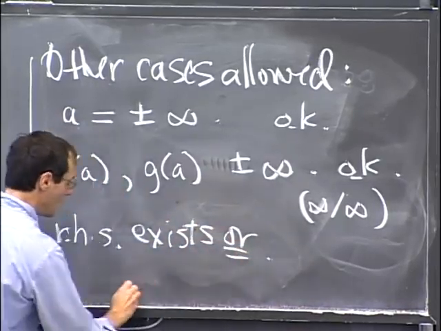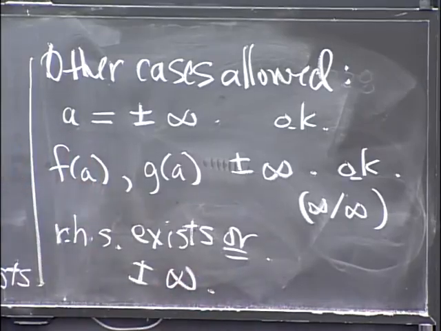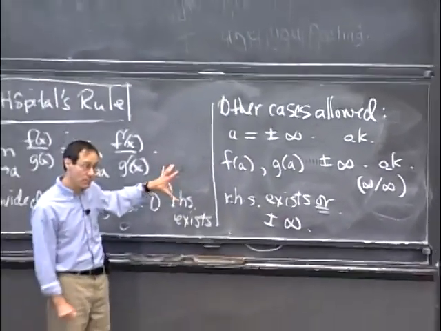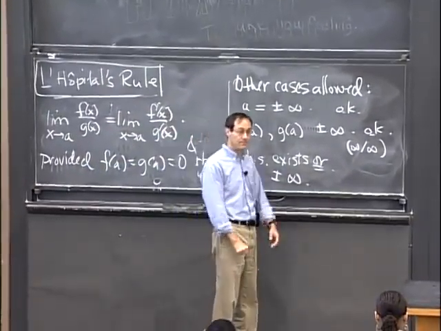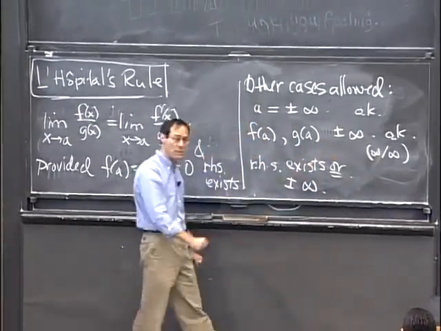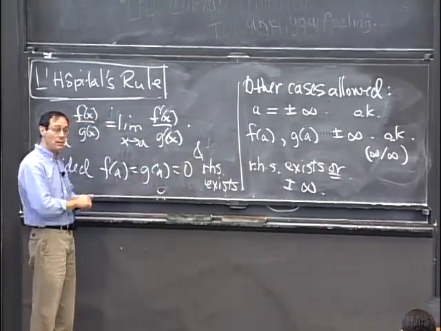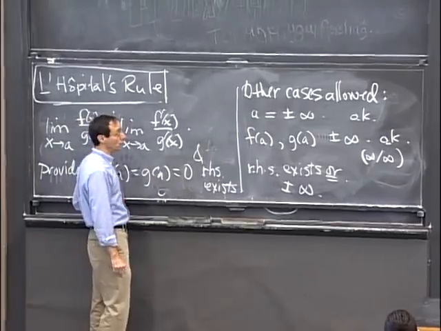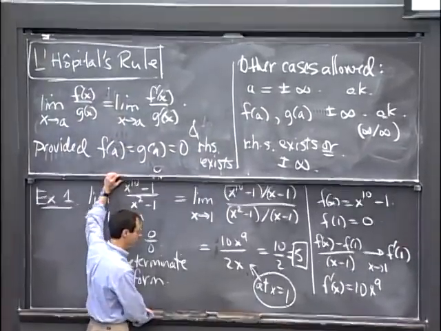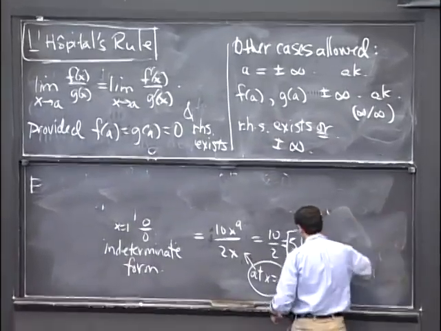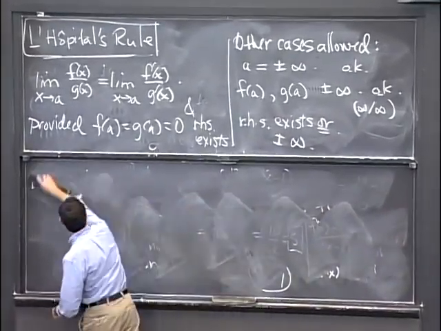Or it could be plus or minus infinity. That's also okay. That's still information. So if we can see where it goes, then we're still good. If it goes to plus infinity, if it goes to 0, if it goes to a finite number, if it goes to minus infinity, all of that will be okay. It's just if it oscillates wildly that will be lost. And those calculations we'll never encounter.